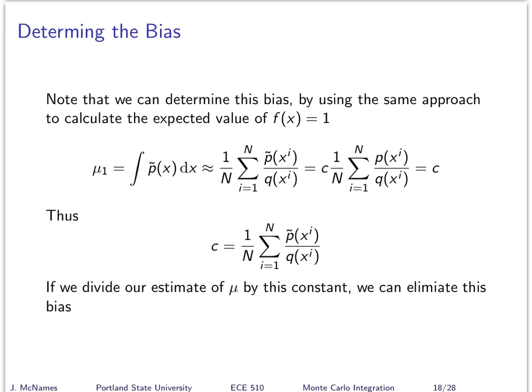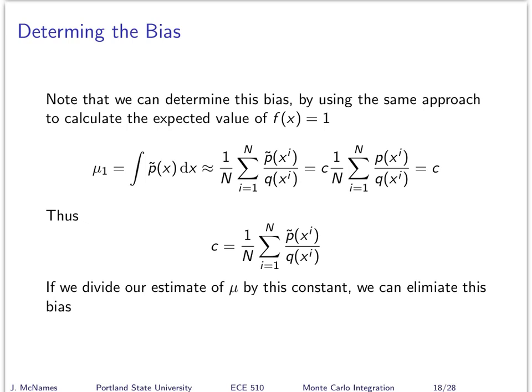In this case, we're taking a sample average of the ratio of this p tilde, this scaled PDF, where we don't know what it's scaled by, divided by our q, but multiplied by 1, because we're just taking this sample expected value of 1, and we end up with c times 1 over n times this sum of p tilde of x_i over q of x_i.